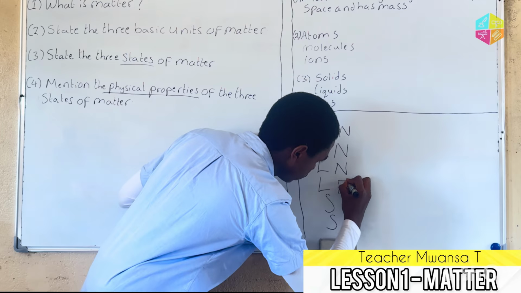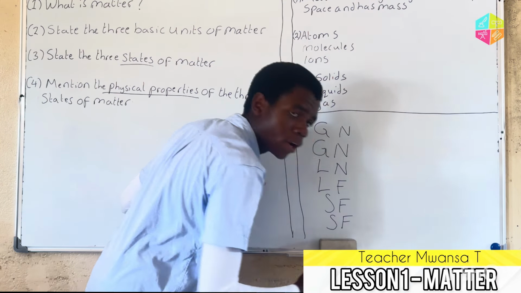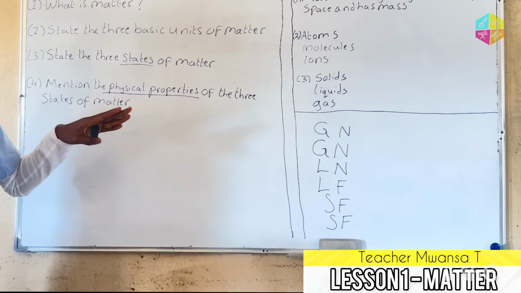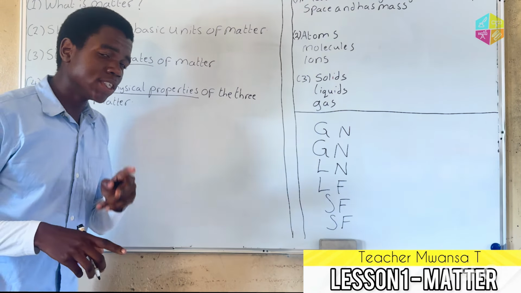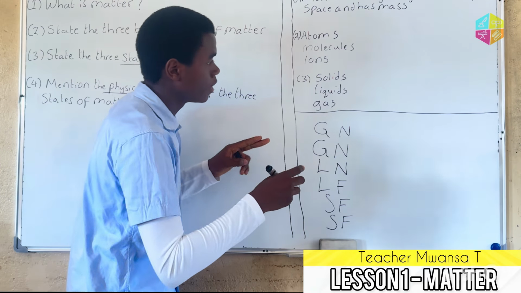Then finally, we just remember 2 letters at the end. We write S and V.